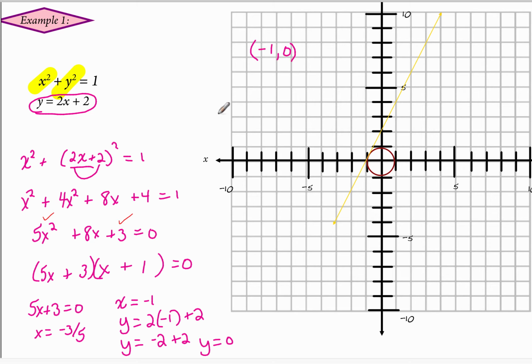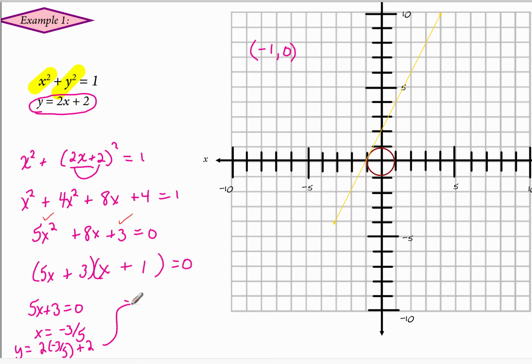All right, now I'm going to put negative 3/5 in there. Y is obtained by doubling the x value and adding 2. Okay, well, negative 6/5. I've kind of run out of room here, so let me clean this up for a minute. Go over here. Negative 6/5 plus 2.